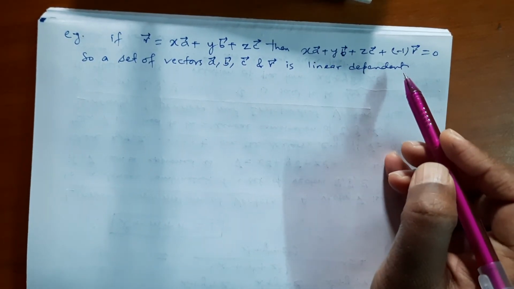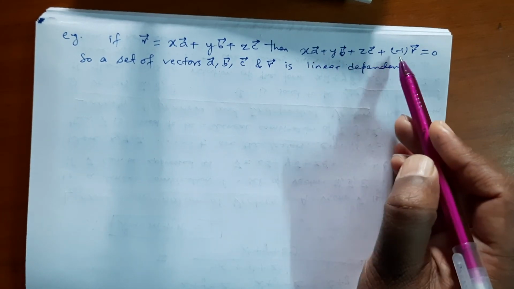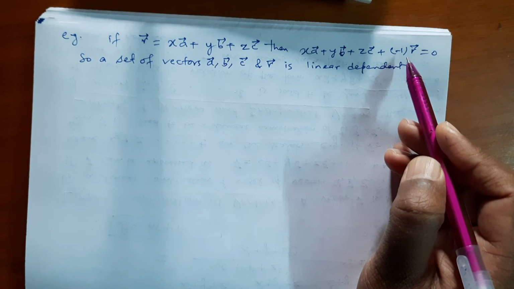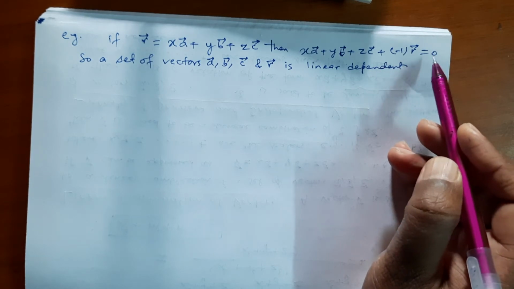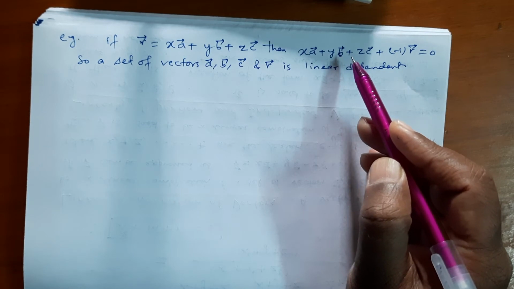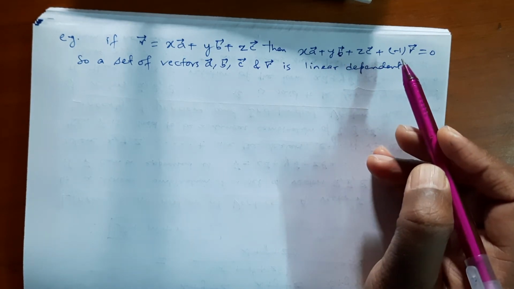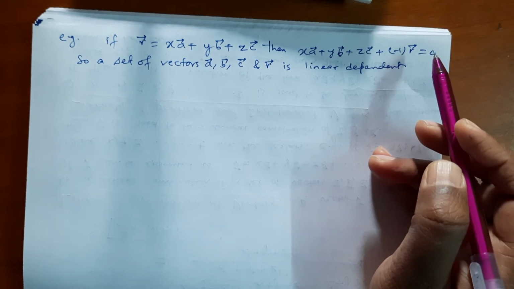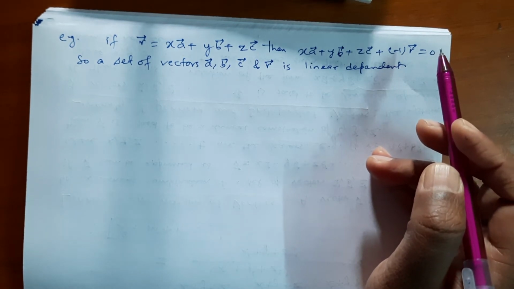But if x, y, z and this constant are not all equal to 0, then to make the sum 0 they will depend upon each other, so the name is linearly dependent. In that way also we can remember this.